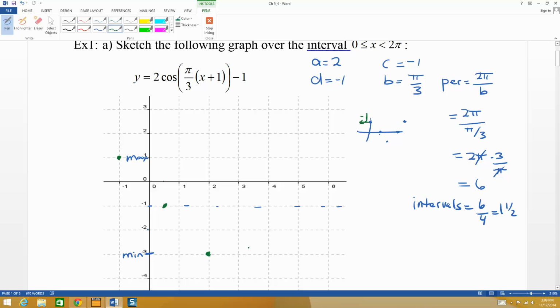Another jump will be at 3.5, and I'll be at the middle again of the horizontal central axis. And then another jump of 1.5, I'll be at my maximum over here. And I need to go up to 2 pi, so again, 1.5, so about 6.5. That's where I end up. Is that about right? Yeah, 6.5 will end up about over there.